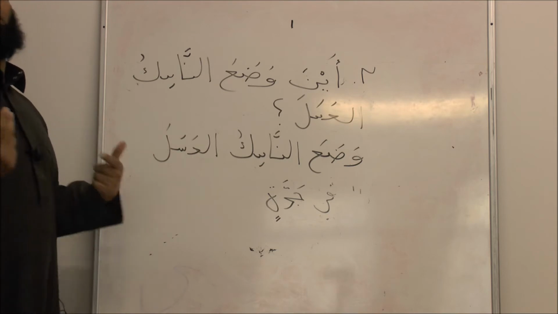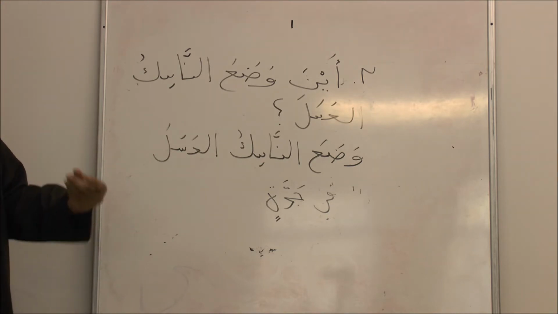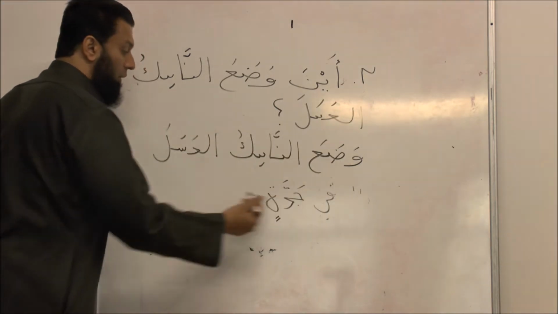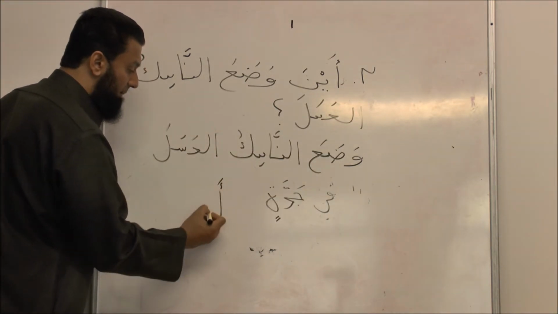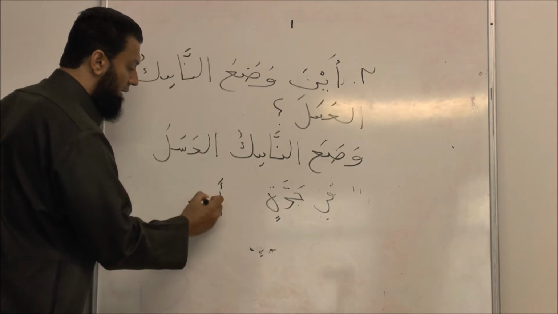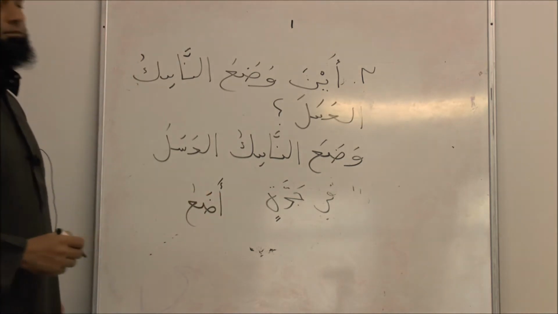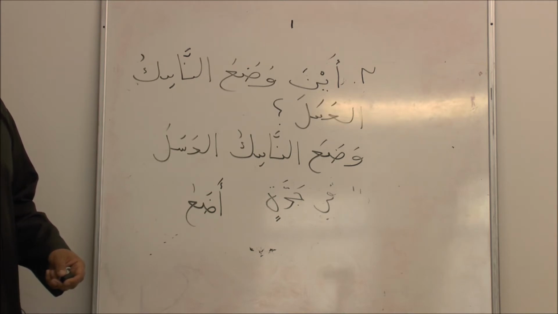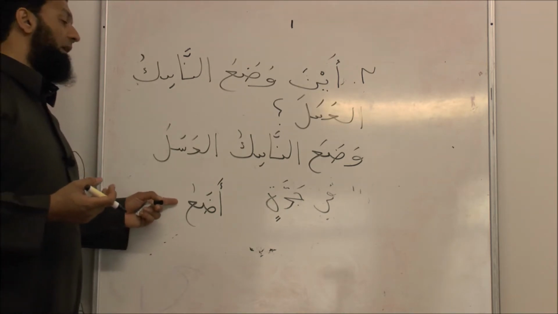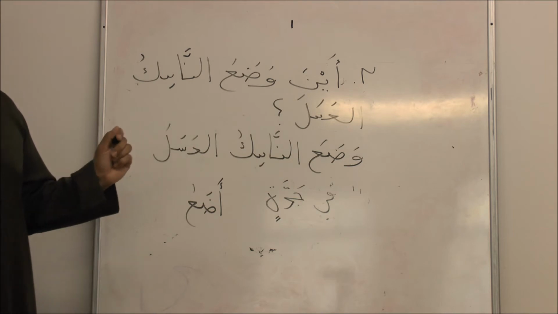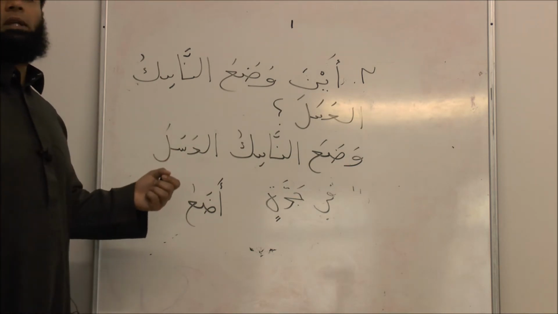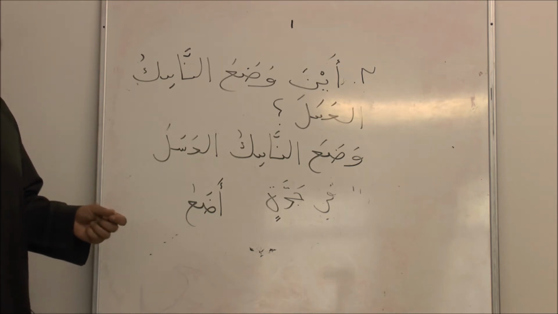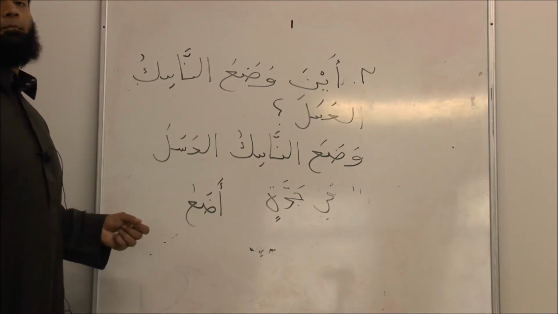But if we're talking about the present, that I place, you drop the waw and it becomes أضع. In the present tense, الفعل المضارع: أضع, I place; نضع, we place; يضع, he places; تضع, she places, or you, single male.